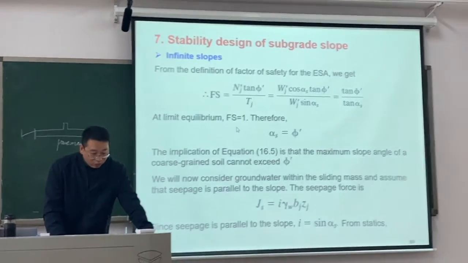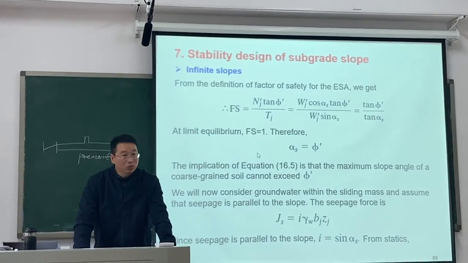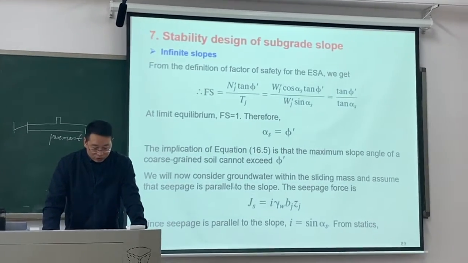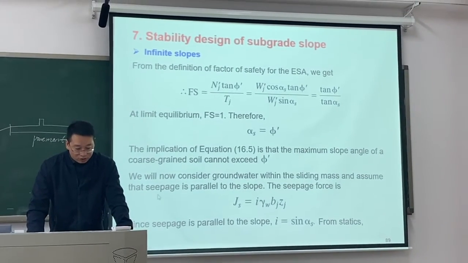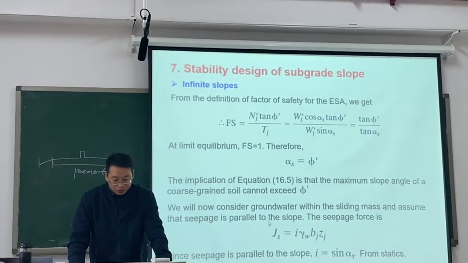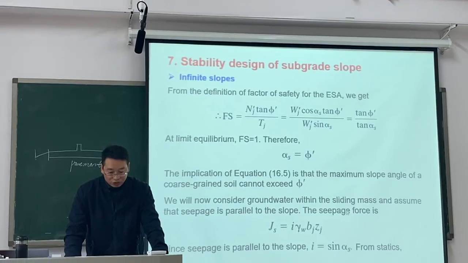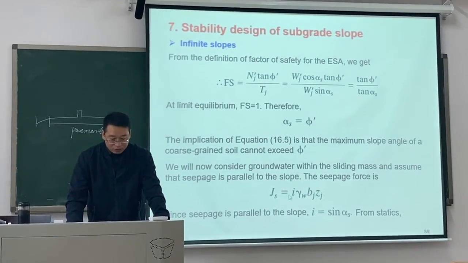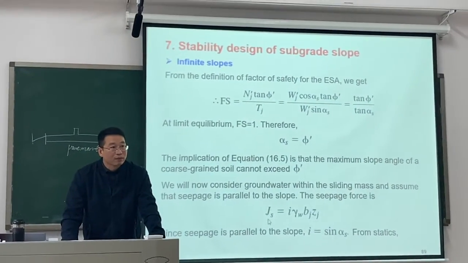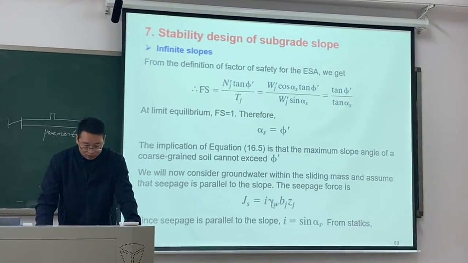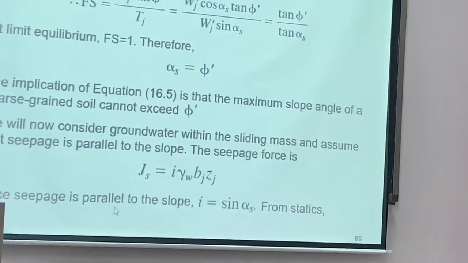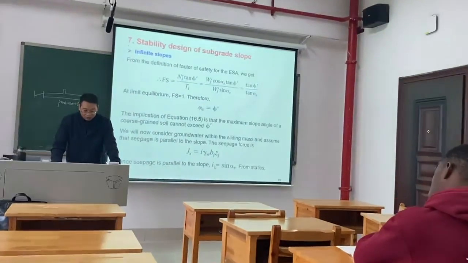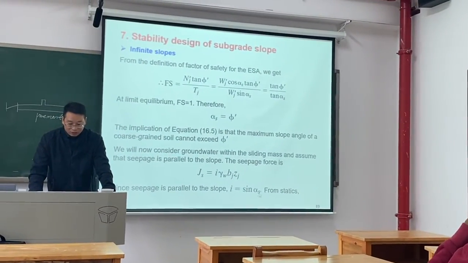Now, before, we cannot consider groundwater, but we consider groundwater within the sliding mass and assume that slippage is parallel to the slope. The slippage force is this Tj. Since slippage is parallel to the slope, it is sin phi s.